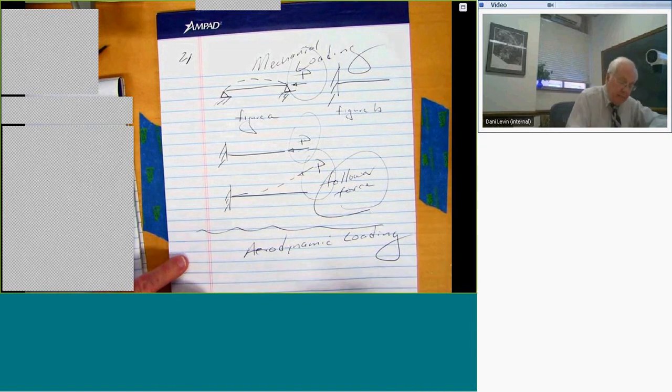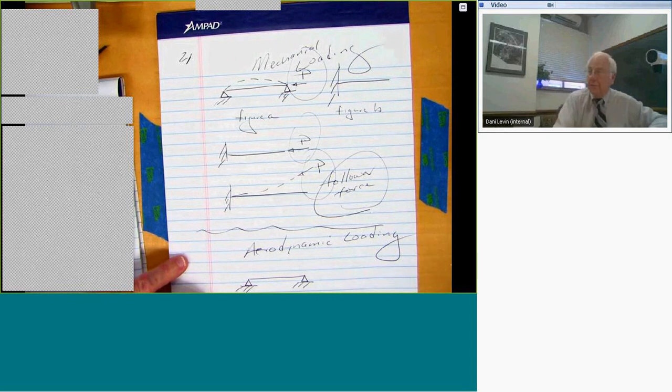With aerodynamic loading, well, it depends on the nature of the aerodynamics. So let me, first of all, treat a problem that is voluminously treated in the literature. In fact, a colleague wrote 2 books on this. And there have been hundreds, if not thousands, of papers written on it.